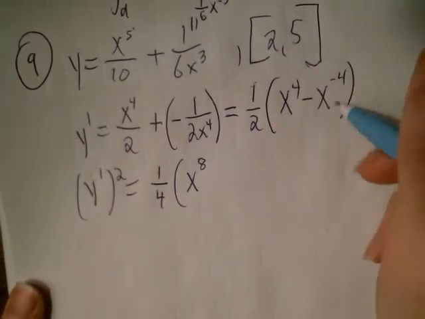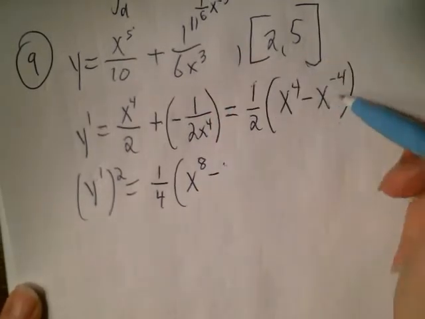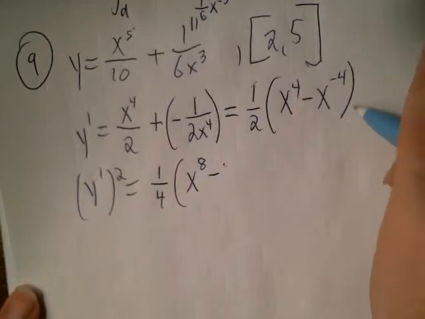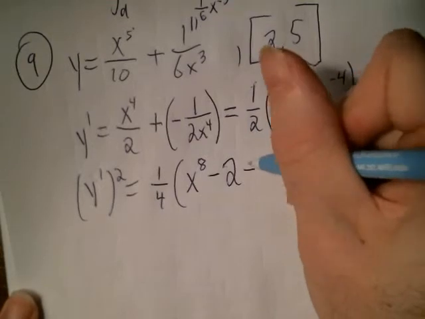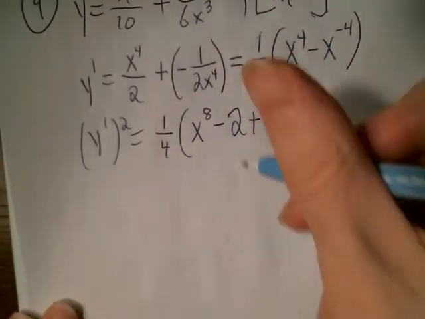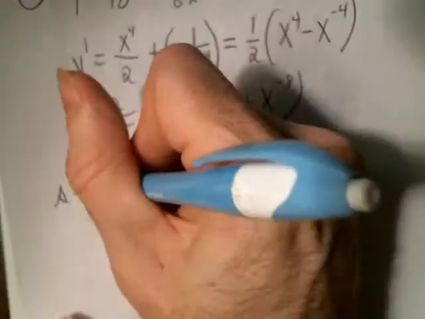Those are the firsts and the outers, minus 2 x to the 0, since x to the fourth times x to the negative fourth is x to the 0, which is 1, so minus 2, and then plus x to the negative eighth, when I FOIL. Let's plop all that into our fancy dancy arc length formula.